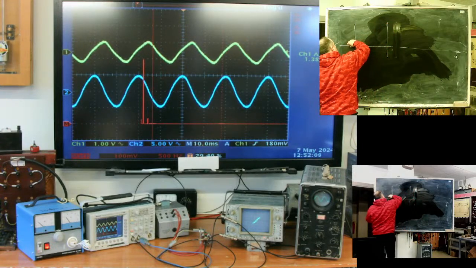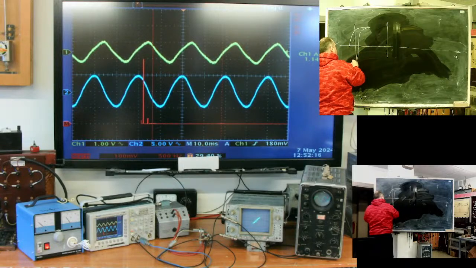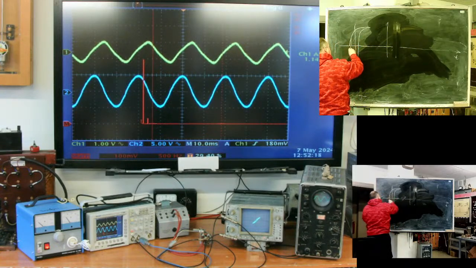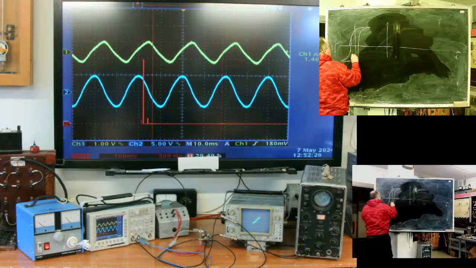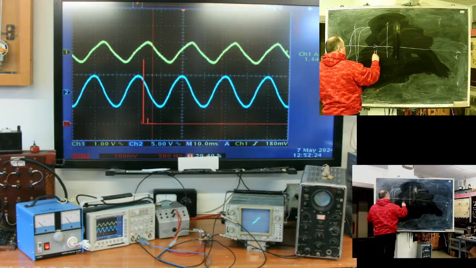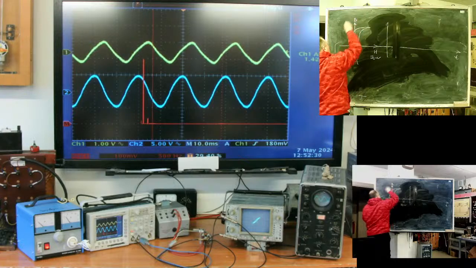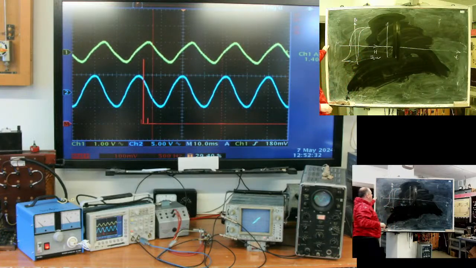Here my magnetization chart. Okay, something like this. So this is H or I1 by winding. Here will be induction with some factor.